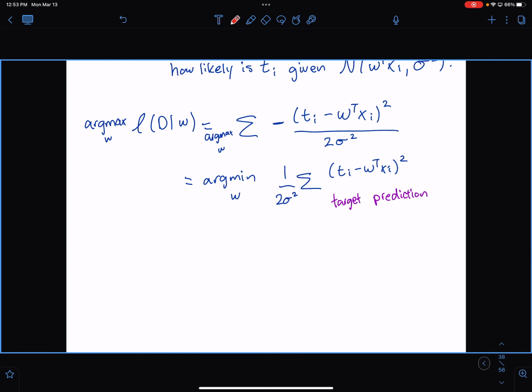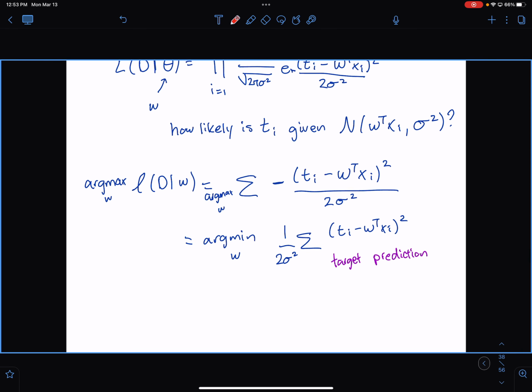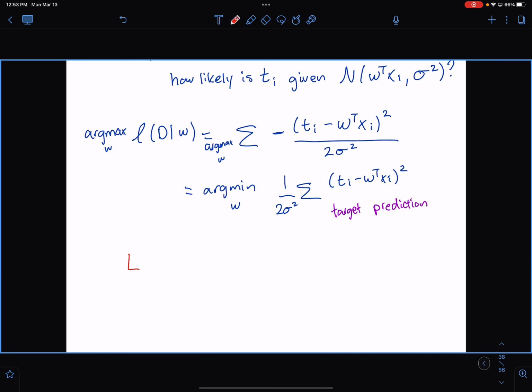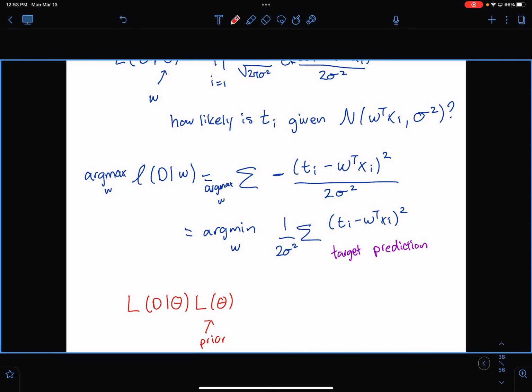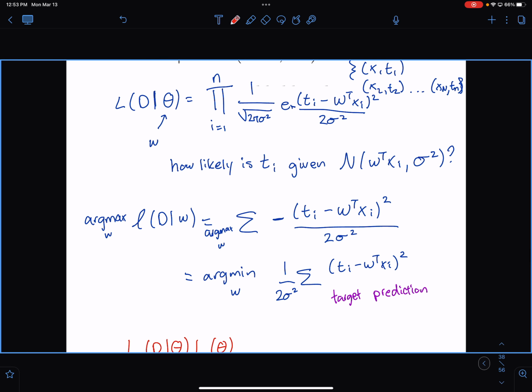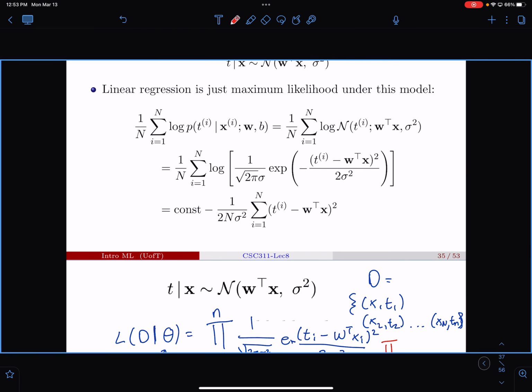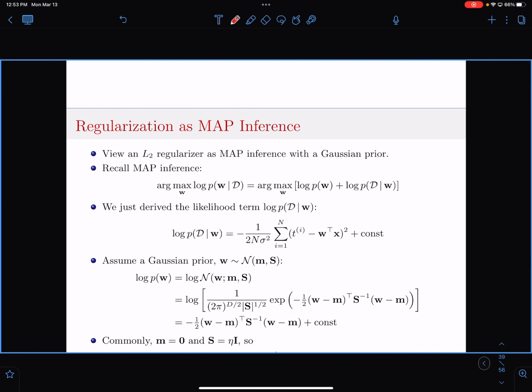So what that means is, if you consider L of D of theta times L of theta, or some prior belief on what theta looks like, if we choose L of theta to be a Gaussian random variable centered at 0. Let me make sure I'm consistent with the slide notation.